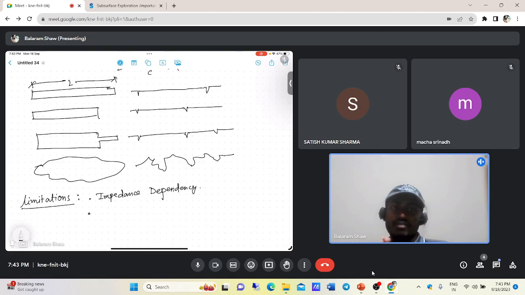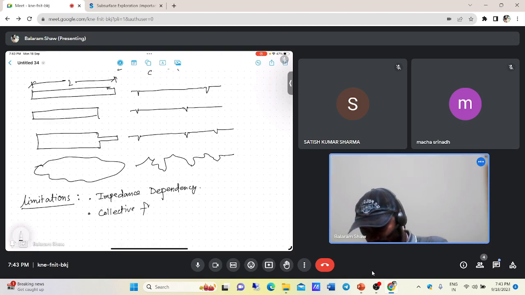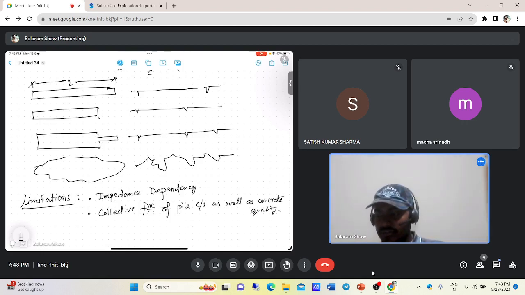So that is one of the limitations, that it is a collective function of pile cross section as well as the concrete quality. PIT will not be able to differentiate whether the observed change is due to the concrete quality or because of the change in the cross section.